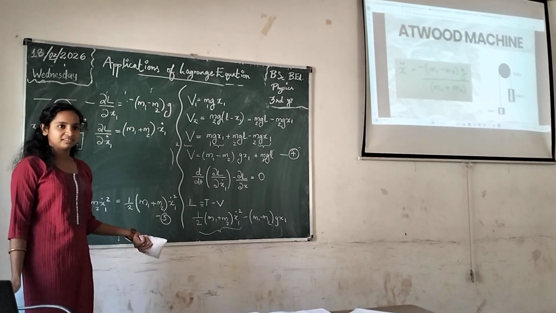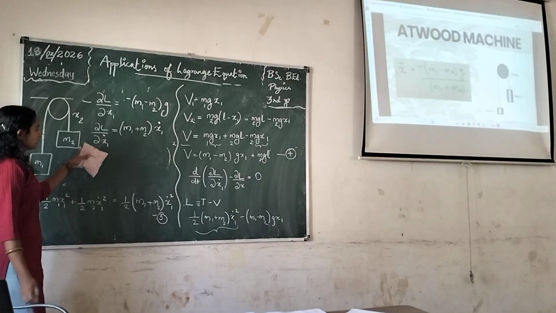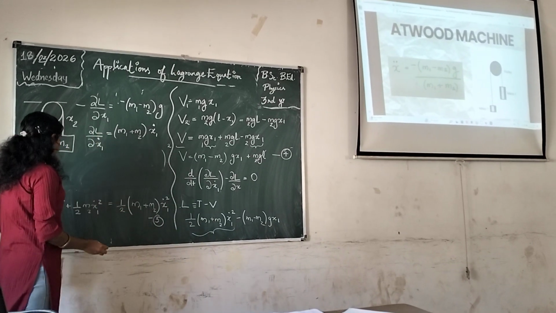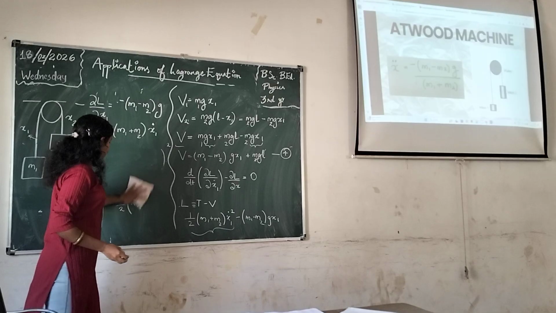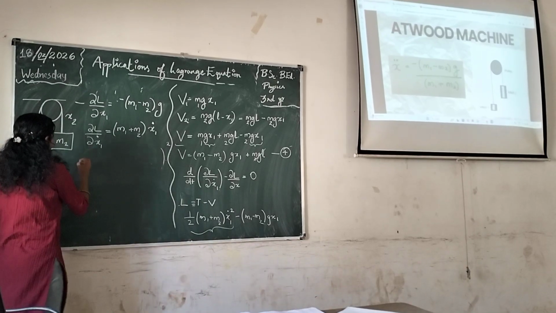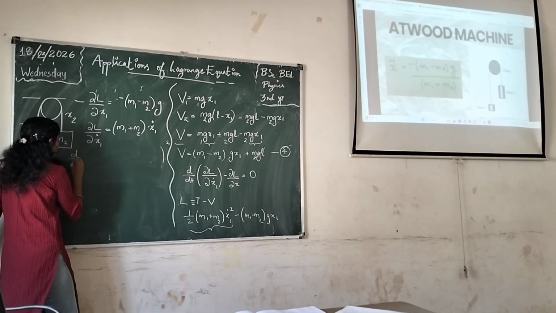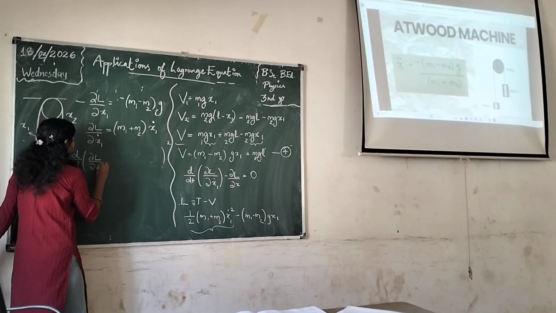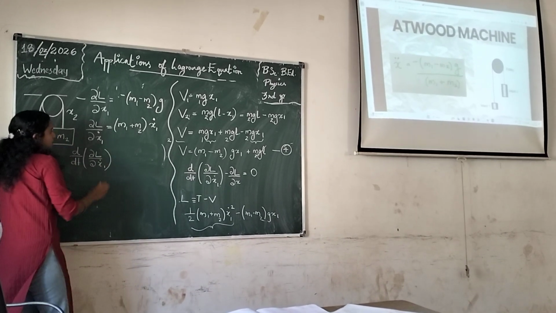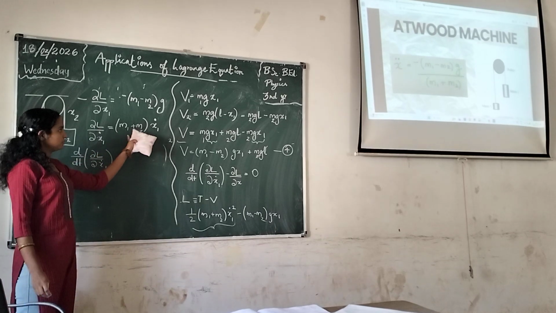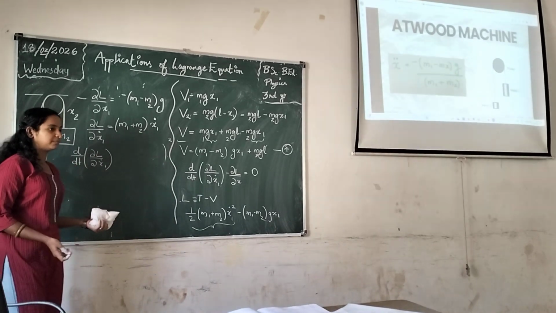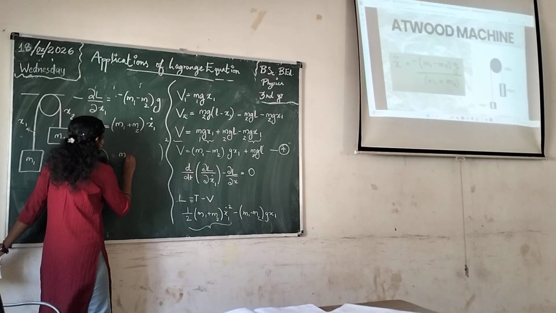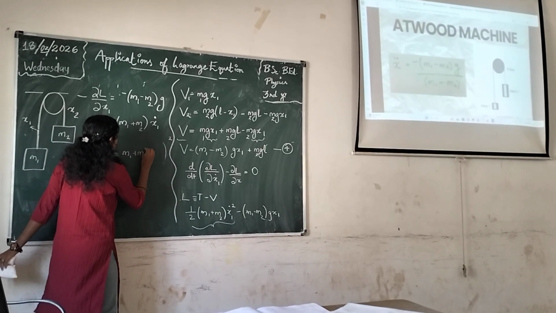Next, we have to find the derivative with respect to time, d by dt of dou L by dou x1 dot. What will be the time derivative of this one? Yes, it is (m1 plus m2) x1 double dot.